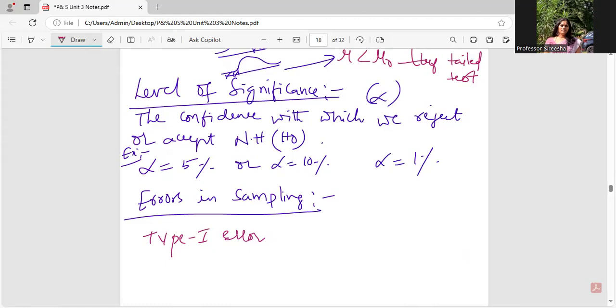You will be making errors if you don't take the proper test statistic or you don't follow proper norms, you will be making errors in drawing conclusions, right? So what is type 1 error? Reject H naught when it is true.